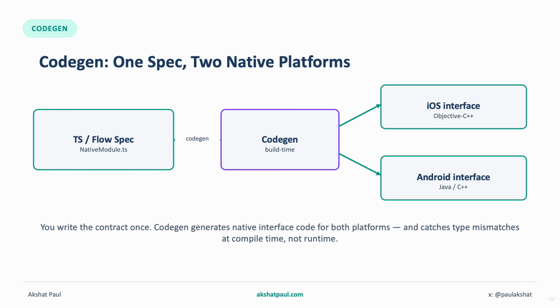Objective-C boilerplate for iOS, Java and C++ boilerplate for Android. You never handwrite that glue code yourself. And because it's generated straight from a typed spec, any mismatch, say you pass a string where native expects a number, gets caught at compile time. That eliminates a whole category of runtime crash that used to be really common in the old native module system.